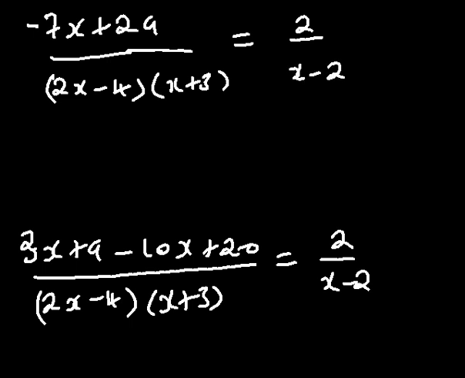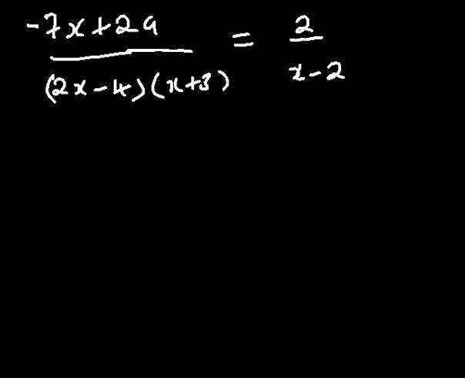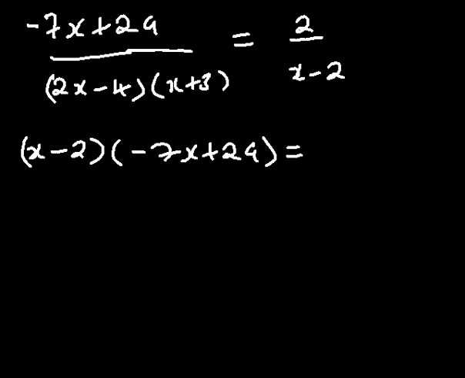Now we can use the principle of cross multiplication. That will be given as x minus 2 times negative 7x plus 29, which will be equal to 2 times 2x minus 4 and times x plus 3.